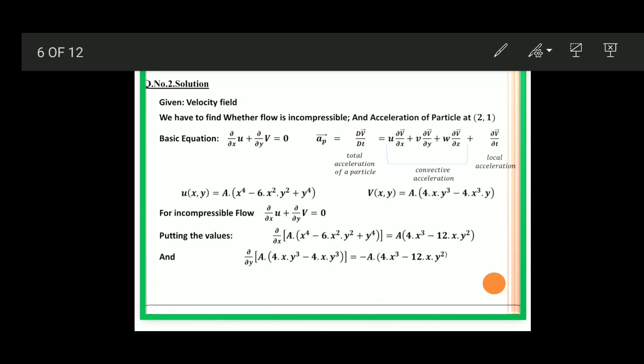Now differentiating with respect to y, del y of a into 4xy cube minus 4x cube y equals a into 12 x y square minus 4x cube. Now moving up to the second part of the solution.